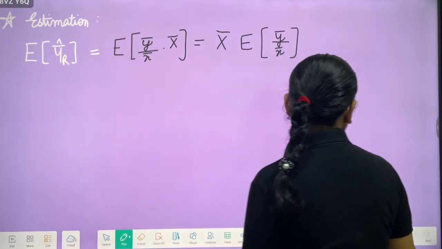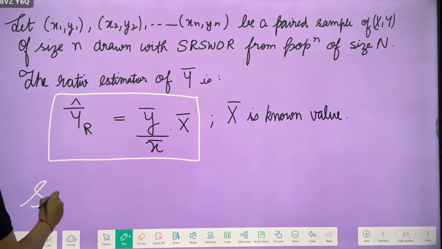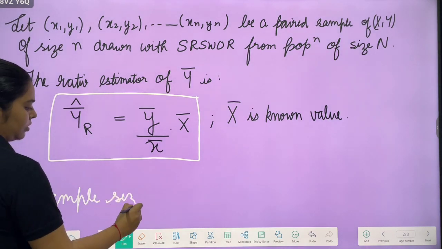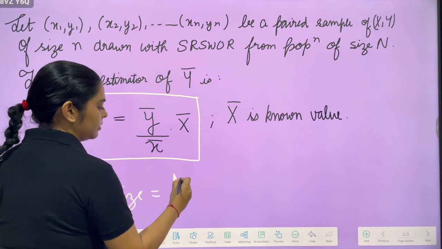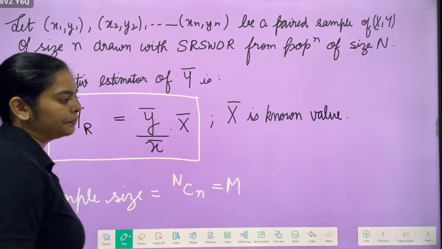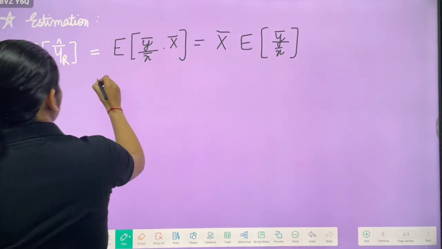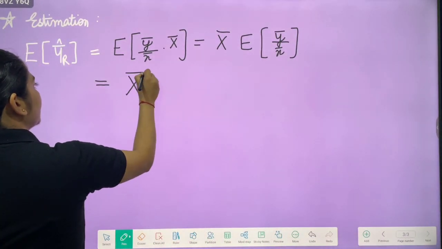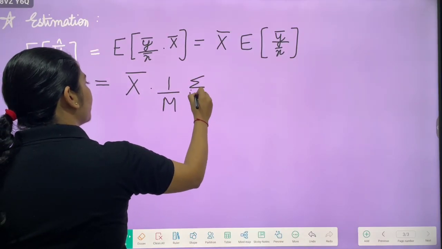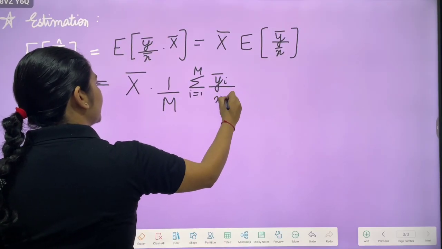Now before this, let us see what the sample size is. Sample size for ratio estimator should be NCn, let us take it equal to capital M. So from here, if we take out the estimation, then the expectation will be 1 upon M summation i goes from 1 to M of y bar i upon x bar i.